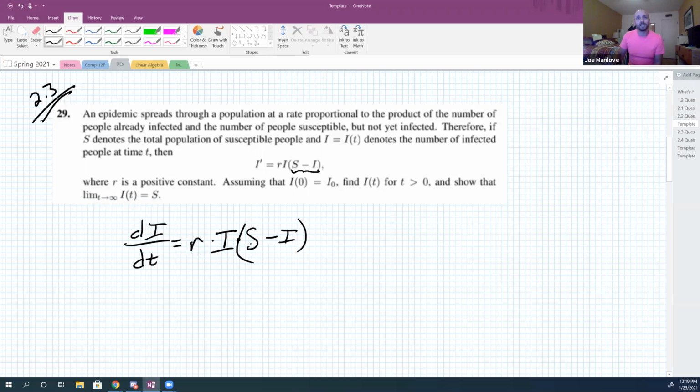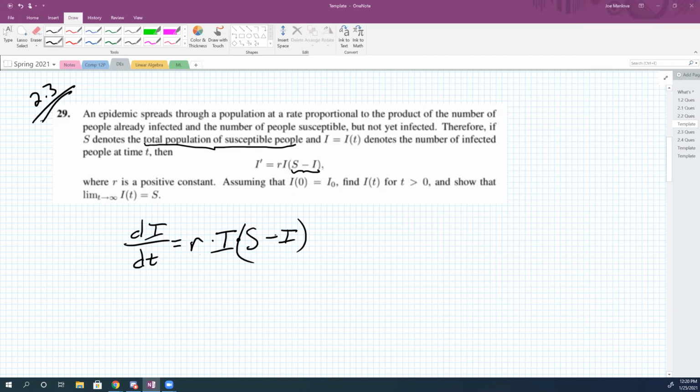So does S depend on t? The total population of susceptible people, right? No. Yeah, that's not changing with respect to time, at least in this kind of model, right? Do you guys see that is changing with respect to time in our current situation?